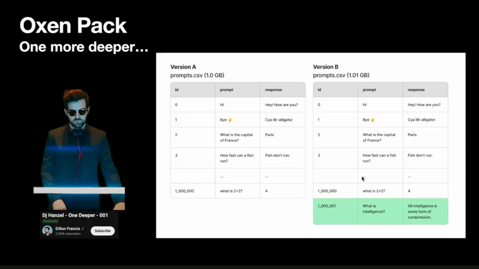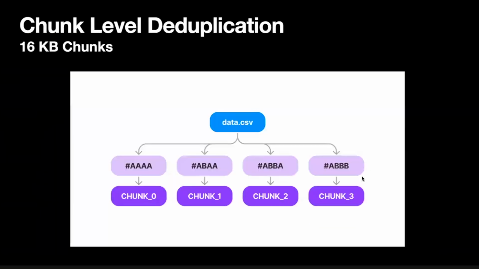Going one level deeper, maybe you have 1 million rows in this CSV, and you just want to add one at the end. This is super common in training data collection for machine learning models. And it'd be great if we didn't have to store all of this 1 gigabyte and all of this 1.01 gigabyte in that version directory there.